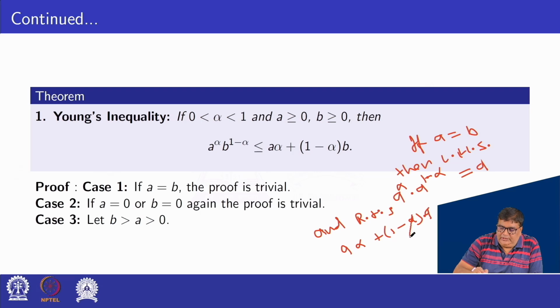So this is cancelled out, so it is equal to a. So this case is the equality case, that is, the proof is trivial.